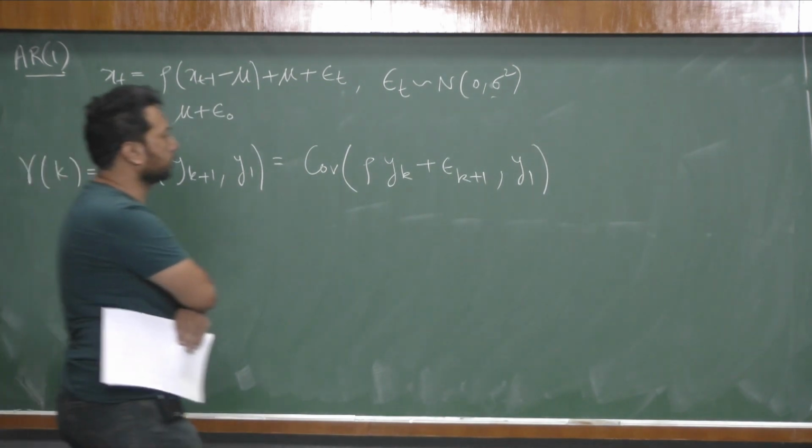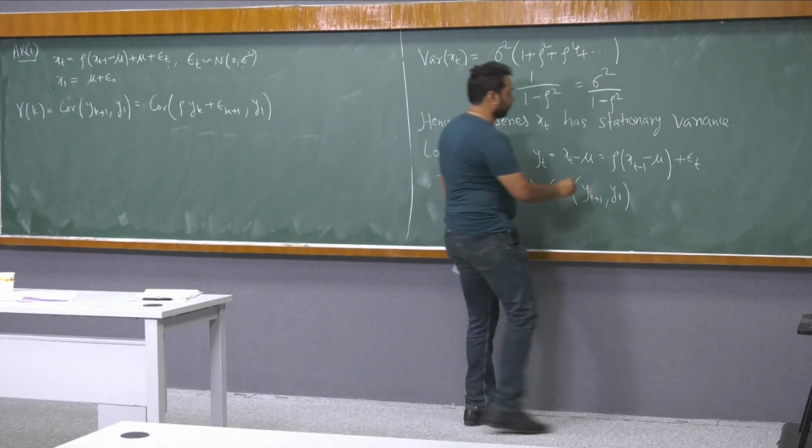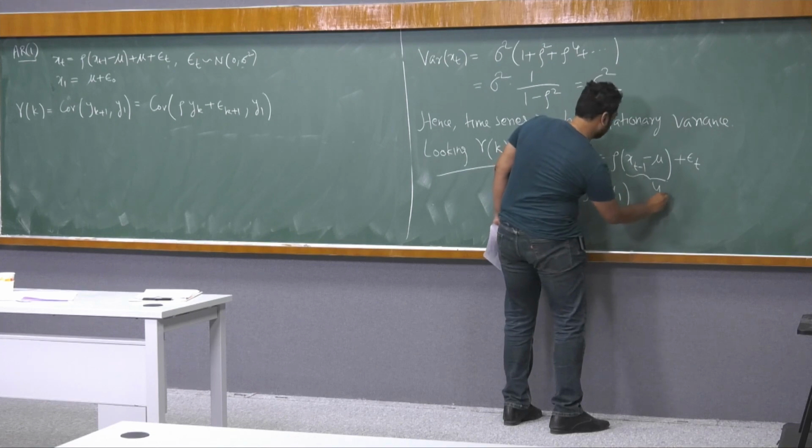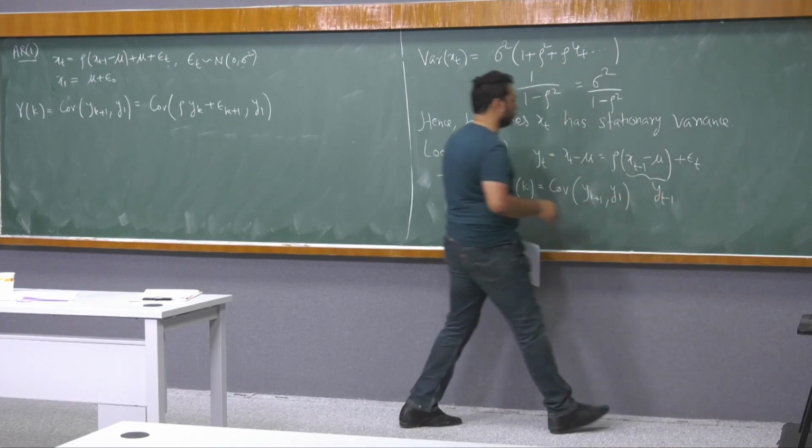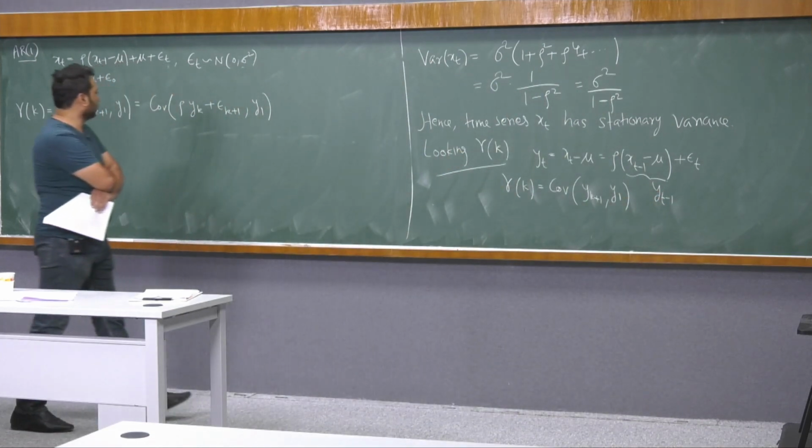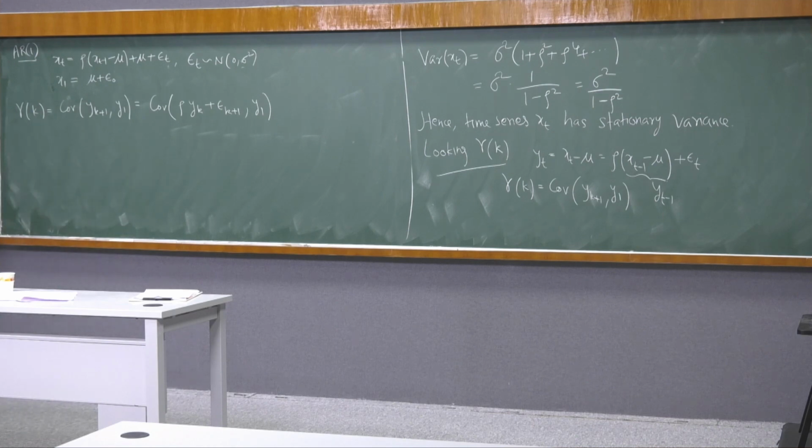So basically this could be seen as y_{t-1}. Okay, so that's what we did here. So we write y_{k+1} as rho of y_k plus epsilon_{k+1}, and then we are taking covariance with y_1.